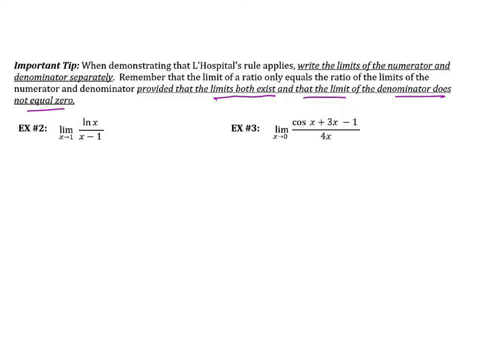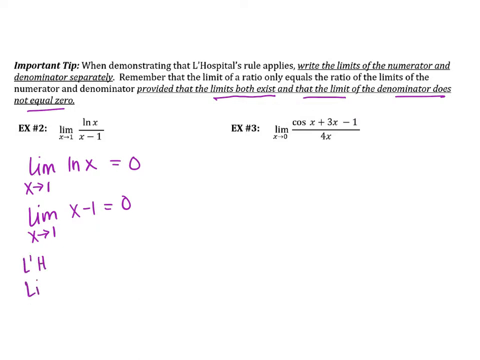And when we do that, notice here we have the limit as x approaches 1 of natural log of x, and that's going to give us a 0. And then we have the limit as x approaches 1 of x minus 1, that also gives us 0. So now we are looking at a 0 over 0 situation, and so now we can apply L'Hopital's rule.